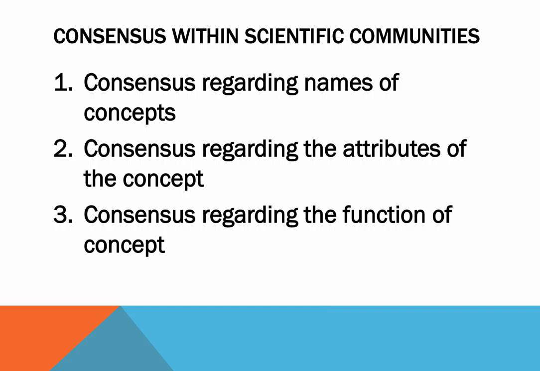So consensus essentially is you want to first see what the consensus is regarding the names of the concepts, the attributes of the concepts, and the functions of the concepts. So let's say, okay, there's a chair. We all, as a group of humans, decided that a chair is a chair.